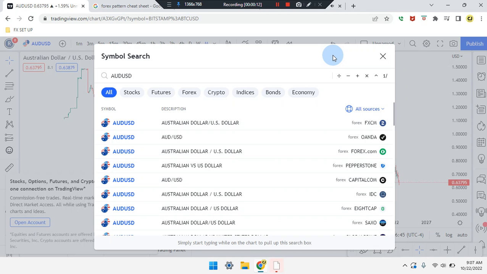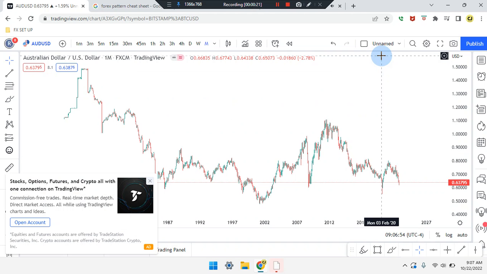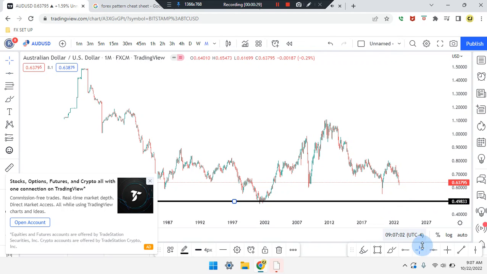Okay, everyone, this is Cam Jones, FX Daily Analysis, and we are marking up AUD/USD. We are on the monthly time frame. The last candle to the right-hand side is a bearish red candle.